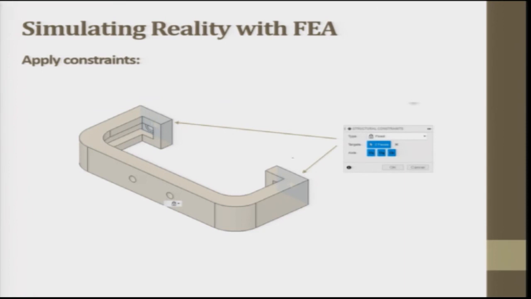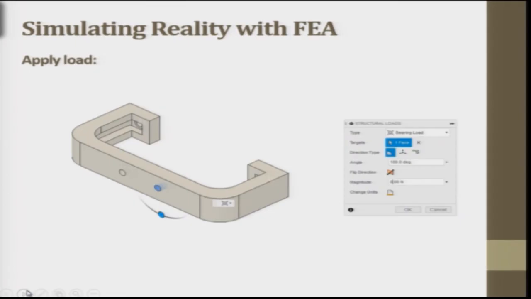The structural constraints, as I said, are fixed. This cannot move because it has to be fixed. There is a hole here that has to be fixed with a screw. That is why these are fixed. Structural constraints are there, fixed ones.